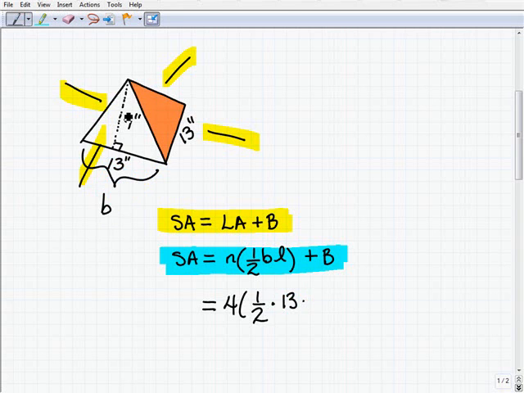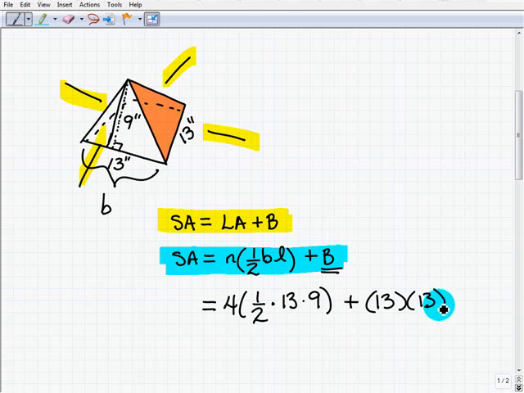Not the height of the pyramid, but the length if you were going to travel up the side of the pyramid to the very top, that length is 9. The base, B, is simply the surface area of this square that forms the bottom of the pyramid, and that's going to be 13 times 13. That's how you find the area of a square.